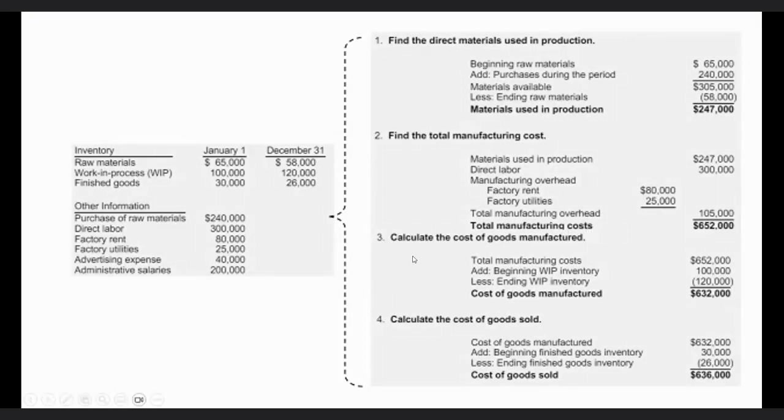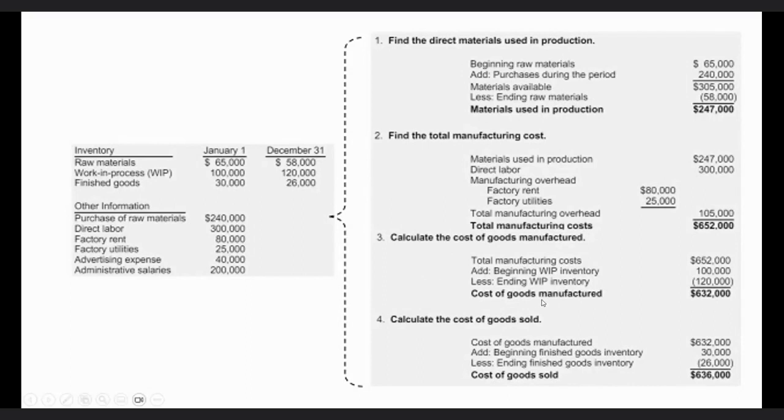The third step, we will calculate the cost of goods manufactured. Total manufacturing cost will be taken from the second step. It is $652,000, and we will add the beginning WIP inventory and less the ending work in progress inventory to get the cost of goods manufactured.